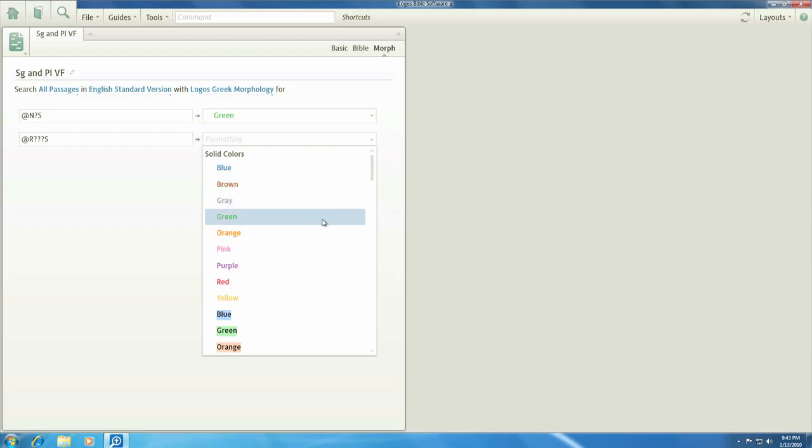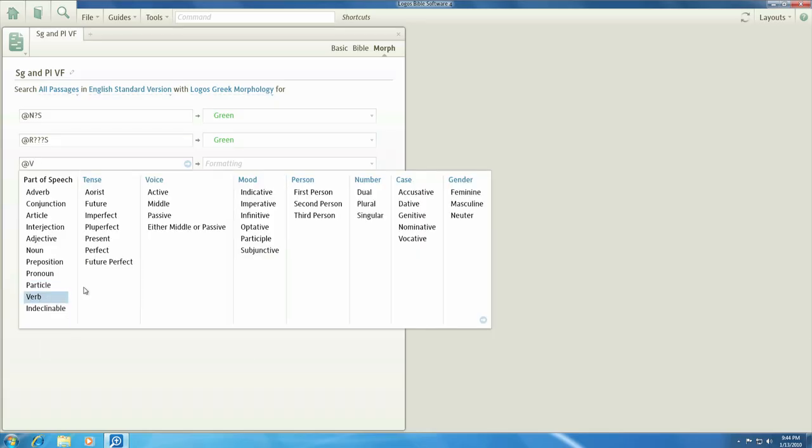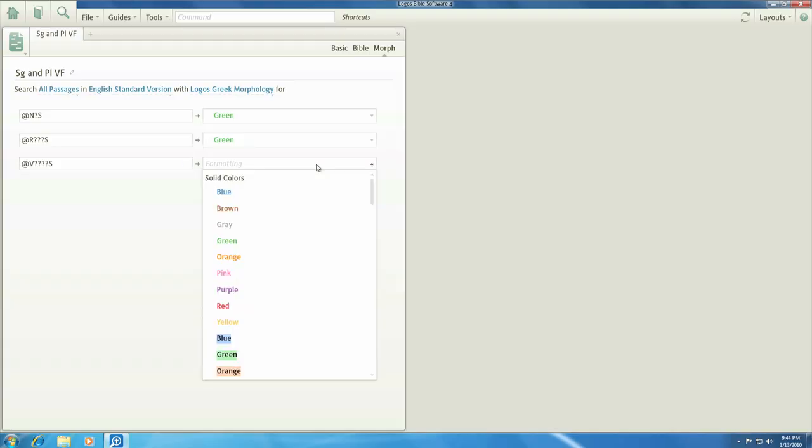And now let's make those the same color of letters. And now let's look at the verbs, and let's choose singular. Let's make those a block colored green.